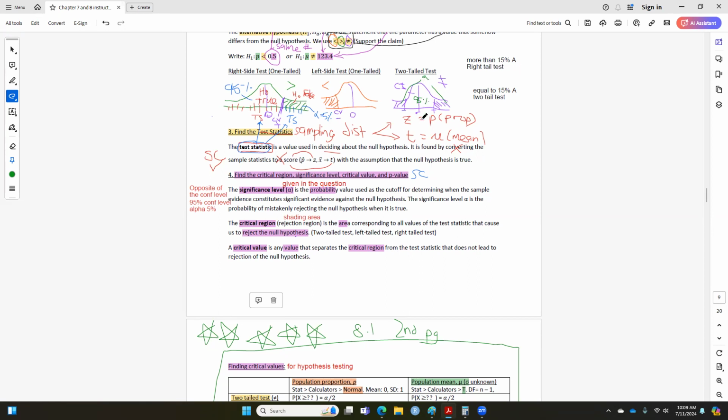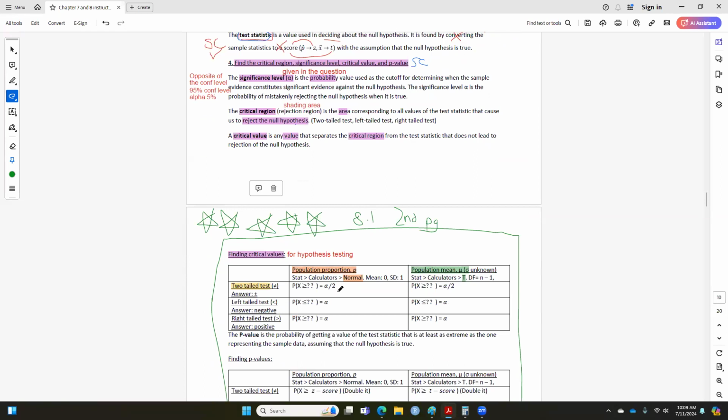Since it is a symmetrical distribution, this is going to be divided by 2. So when you do a two-tailed test, the alpha, the significance level, is divided by 2.